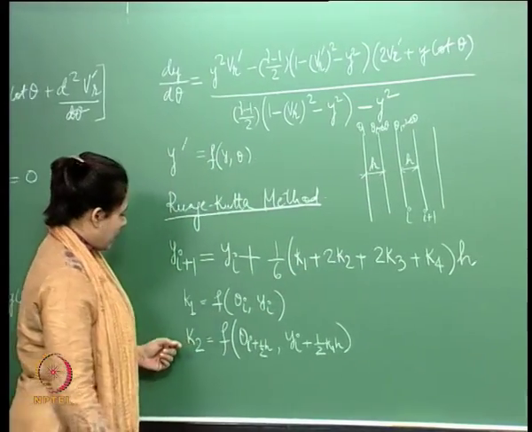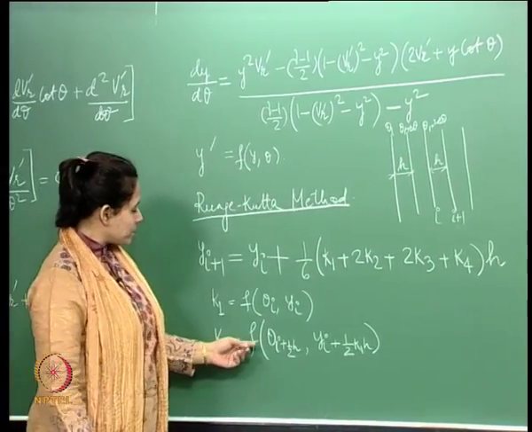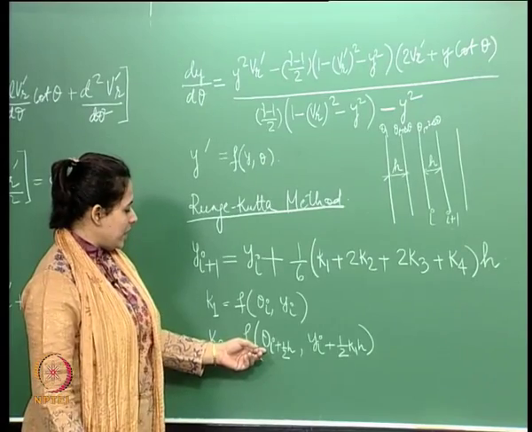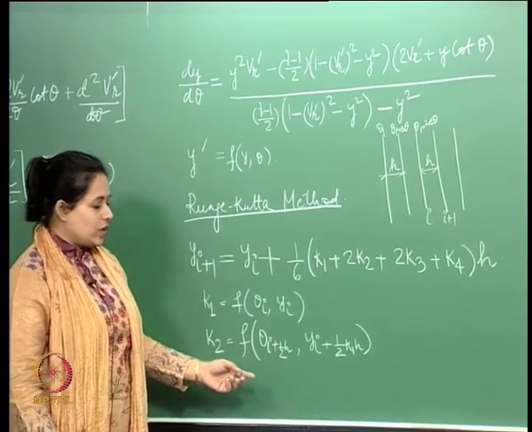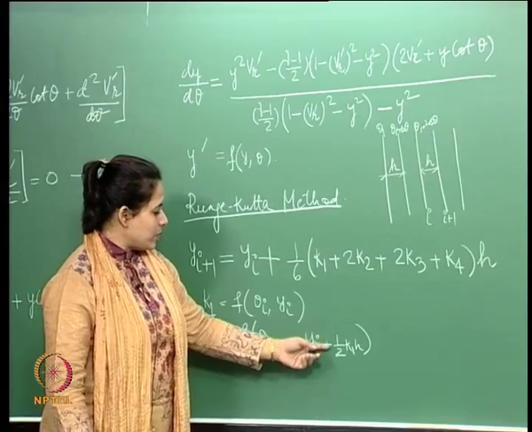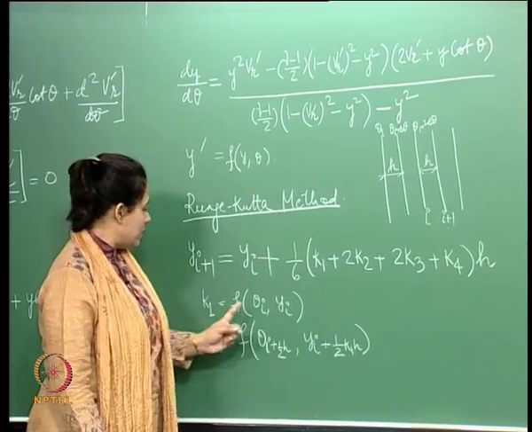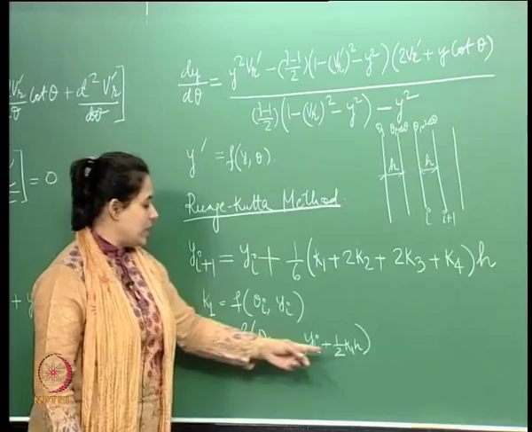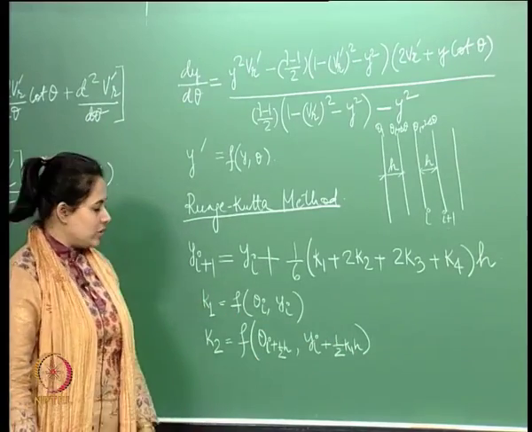Now k2 is the function value at theta i plus half h, and y i plus half k1, where k1 is what I found here, times h.